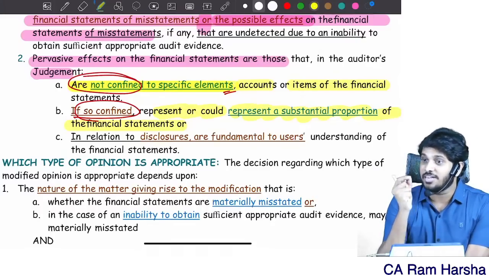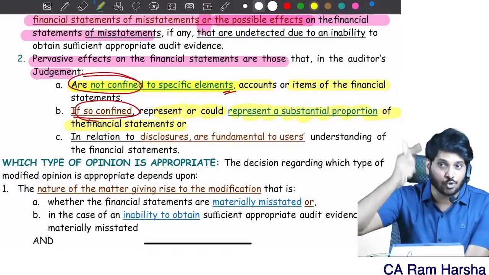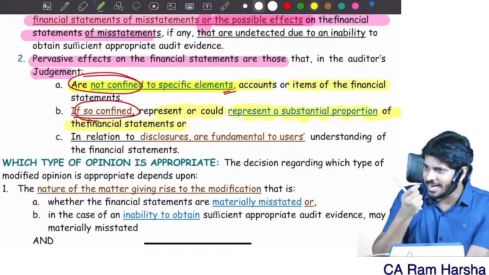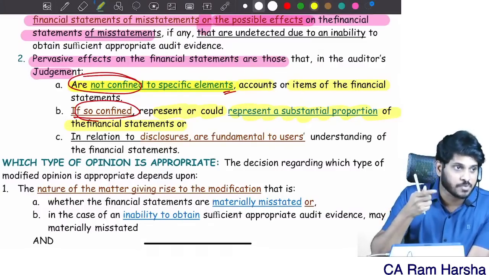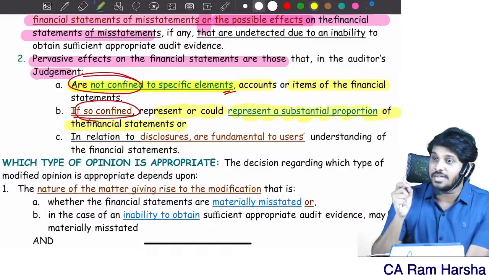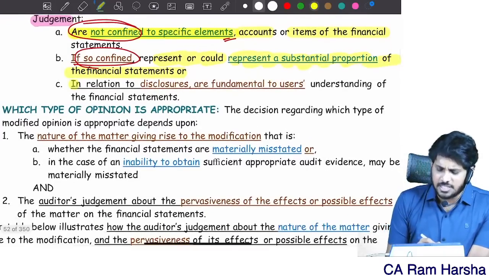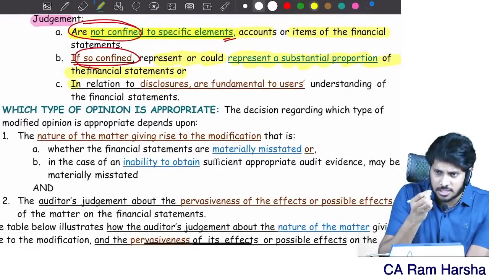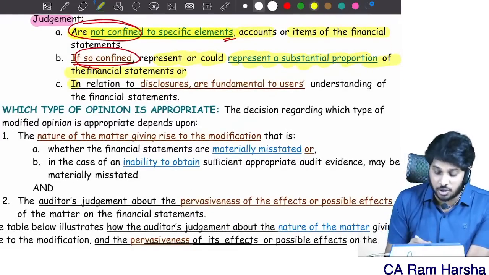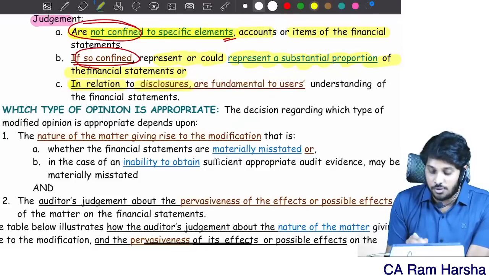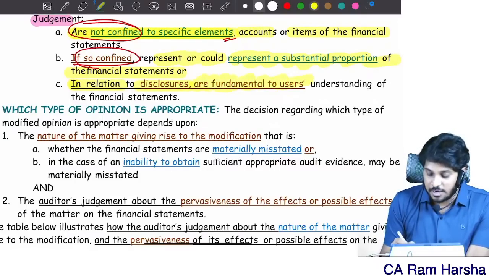50%, 70%, 80% of the entire total assets of the company. Single item only. Still, it may become pervasive if that single element is a substantial item. And pervasive can also come into the picture if they are related to disclosures that are fundamental to users.